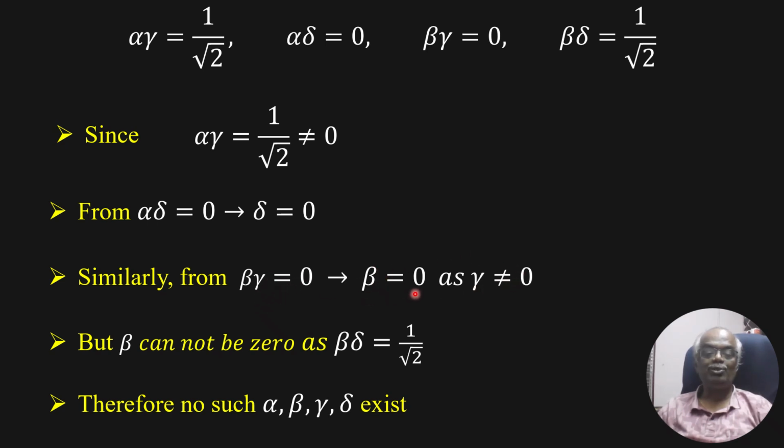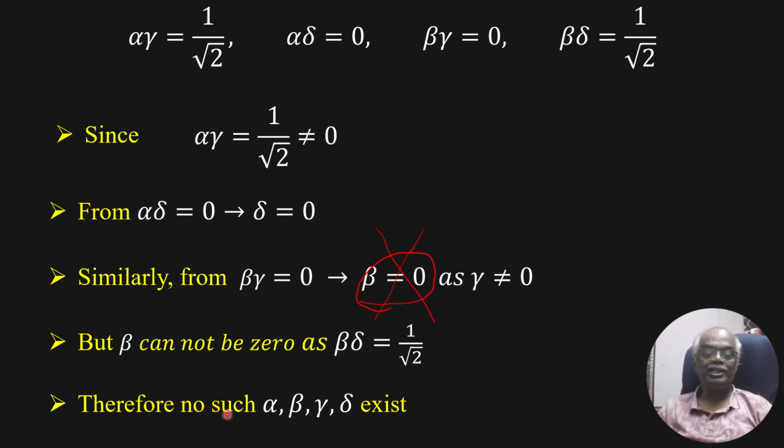Naturally, beta is equal to zero. But beta cannot be zero, because here you can see beta delta equals 1 over √2. So this is an invalid solution. Beta cannot be zero. It's not a valid solution, because beta delta is equal to 1 over √2, so it cannot be 0.